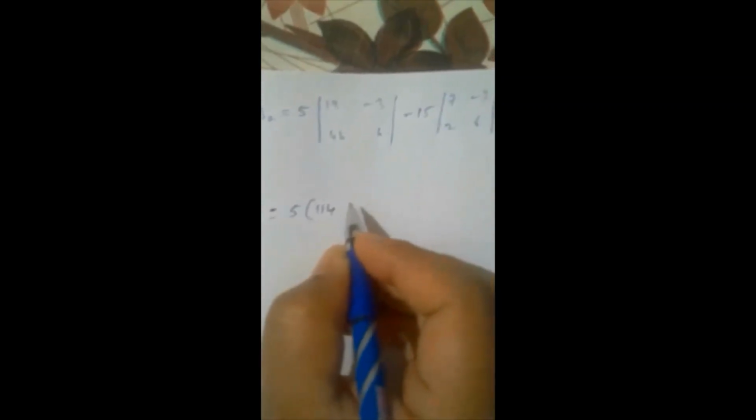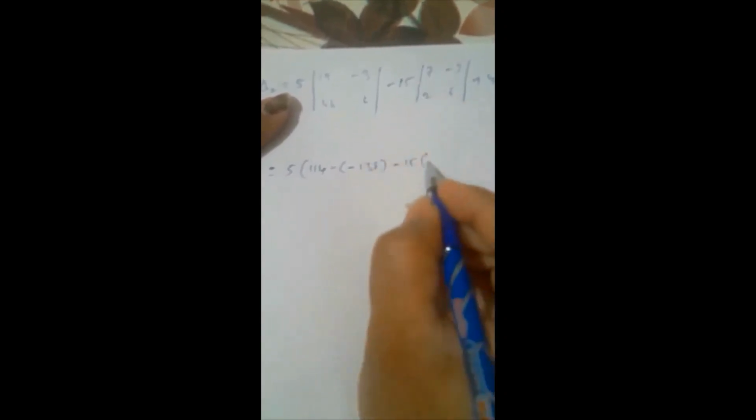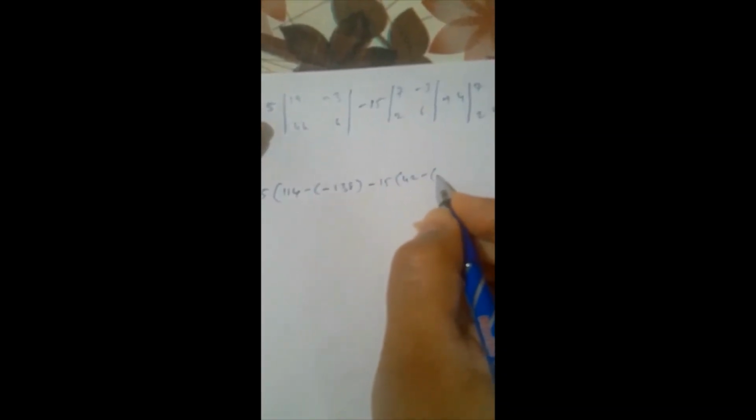Next is 5 into the determinant of this, which is 15 minus of 46 into 3 is minus 138, minus 15 into 7 into 6 is 42, minus of 2 into 3 is minus 6. 2 into minus 3 is minus 6.